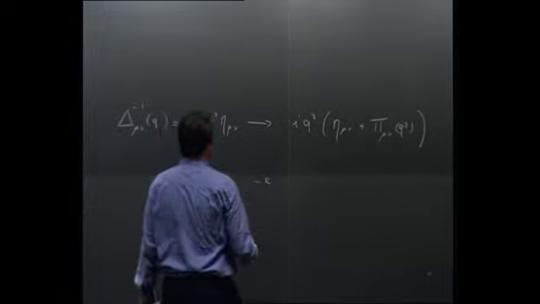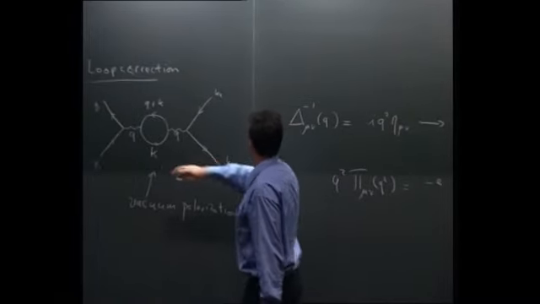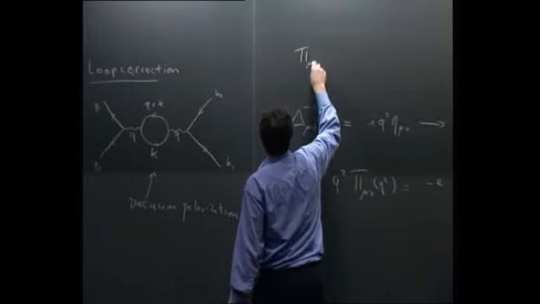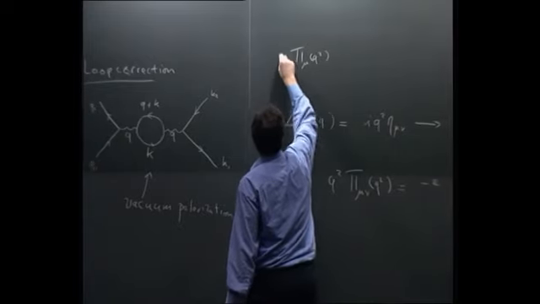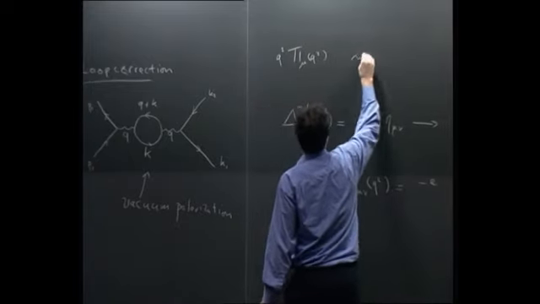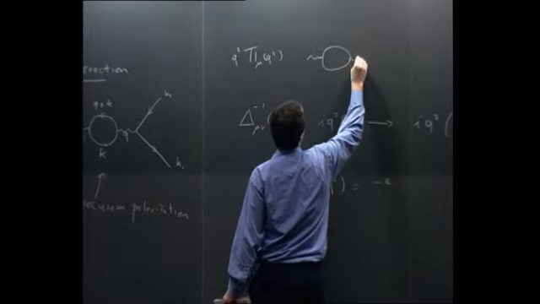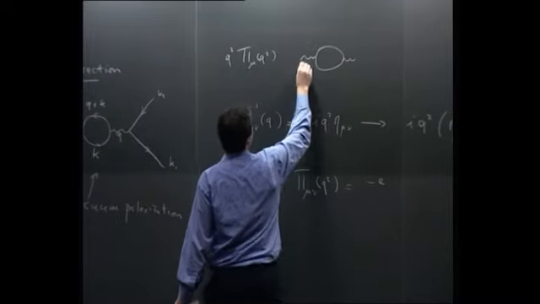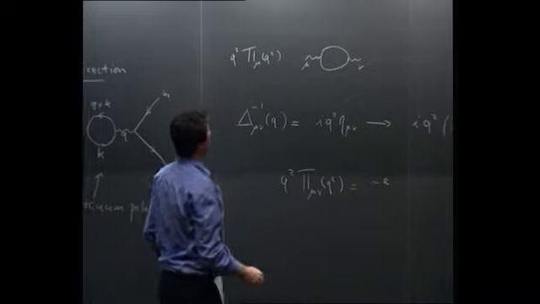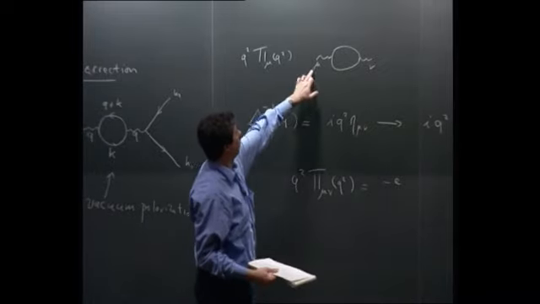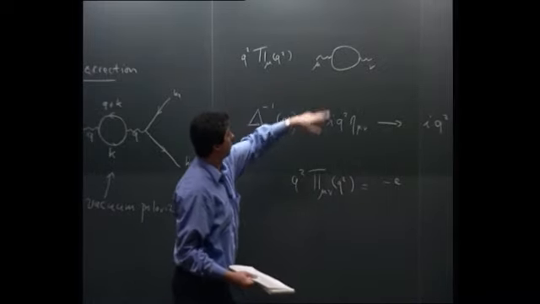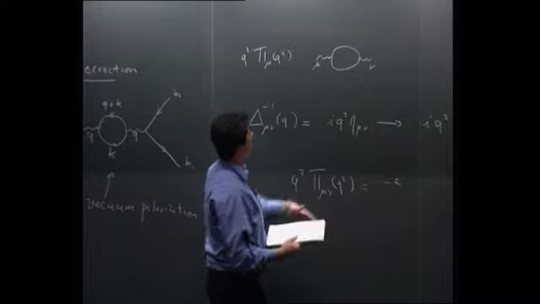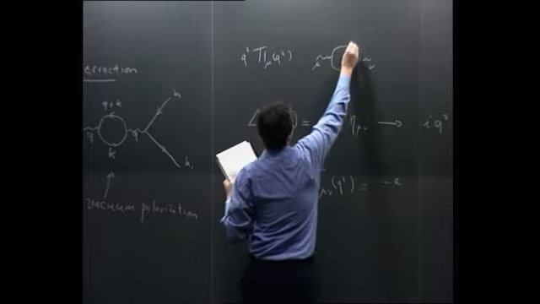So pi mu nu of q corresponds to only that part of the diagram. So it has two indices, mu and nu, corresponding to the indices of the external photon lines.